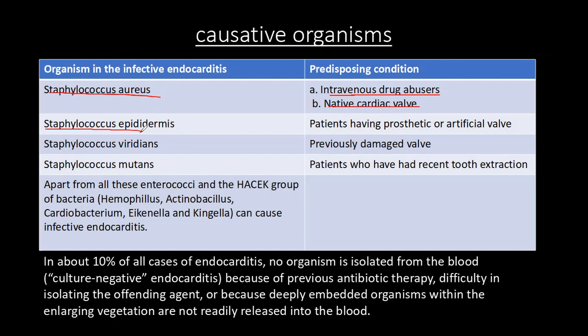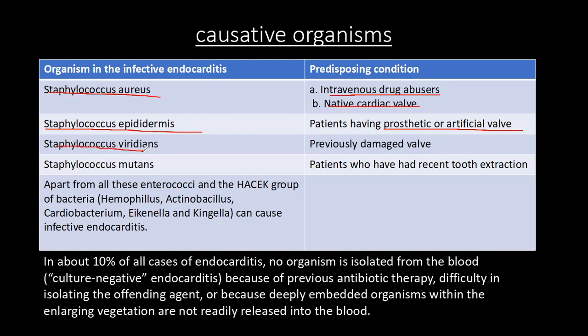Then we have Staphylococcus epidermidis, and the predisposing condition is patients having prosthetic or artificial valves. Please note that the aortic valve is the most commonly affected in prosthetic valve endocarditis.